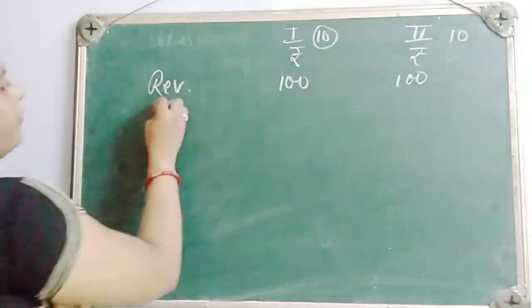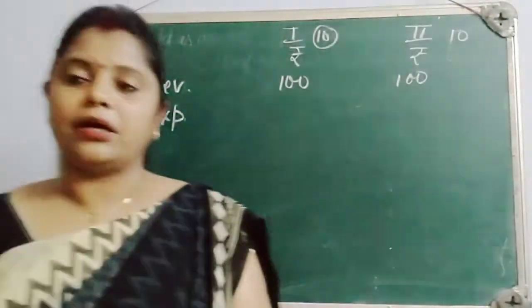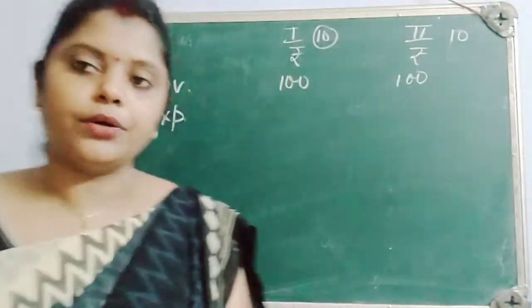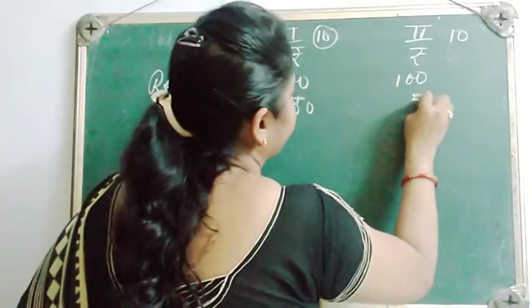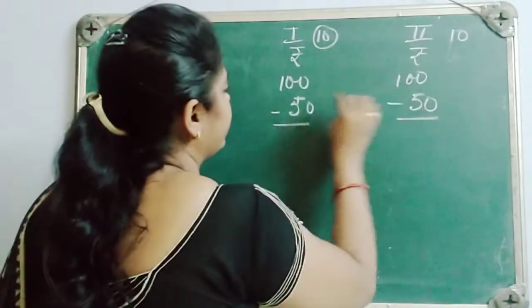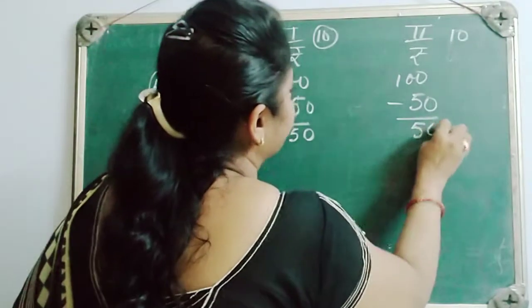Now, if I talk about expenses, all the general expenses of the company, let us assume it is 50. So the expenses in both the conditions is 50 only. If we deduct it, what we will get? 50 rupees as a profit.